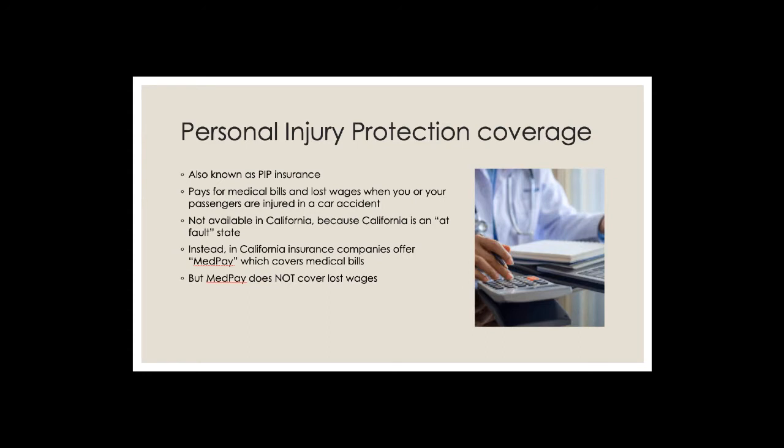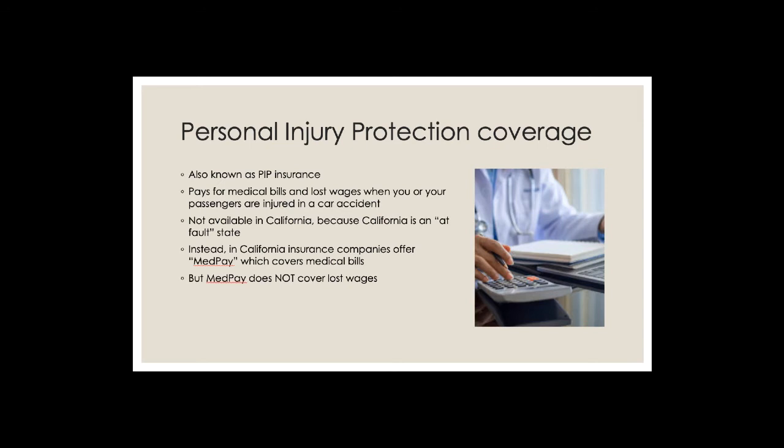Returning to the slide deck, the next type of coverage is known as personal injury protection coverage, sometimes known as PIP insurance. Here in the state of California, we don't have PIP. We have something else called MedPay. But in other states, full PIP insurance typically pays for medical bills and lost wages when you or your passengers are injured in a car accident.